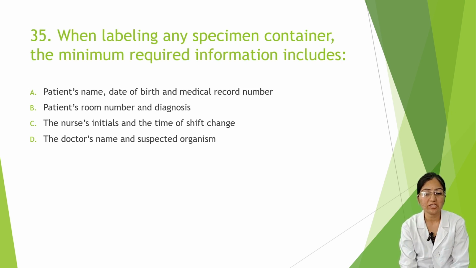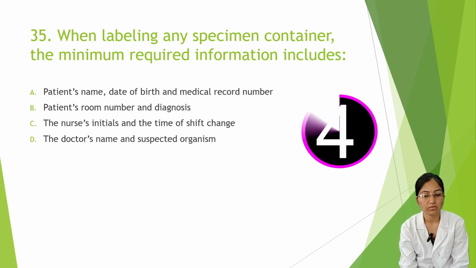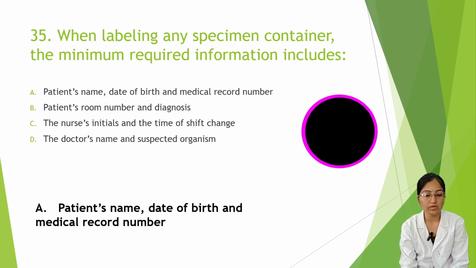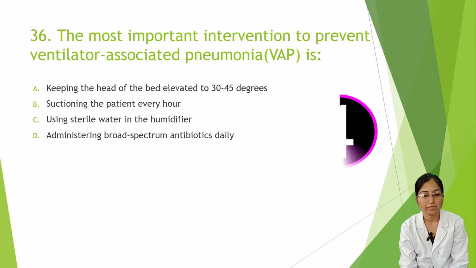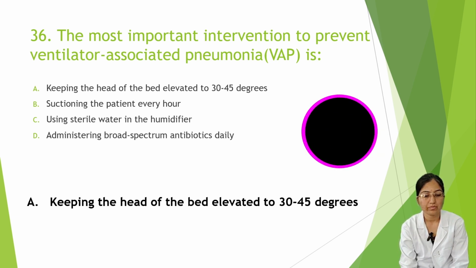When labeling any specimen container, the minimum required information includes patient's name, date of birth, and medical record number. Next question. The most important intervention to prevent ventilator-associated pneumonia is keeping the head of the bed elevated to 30 to 45 degrees.